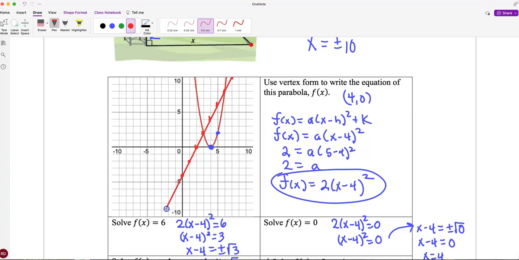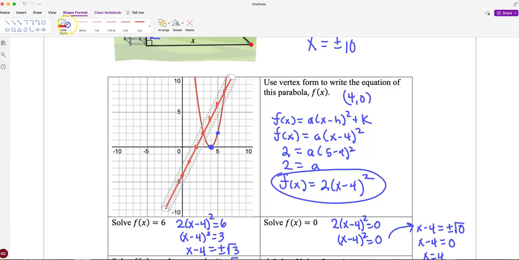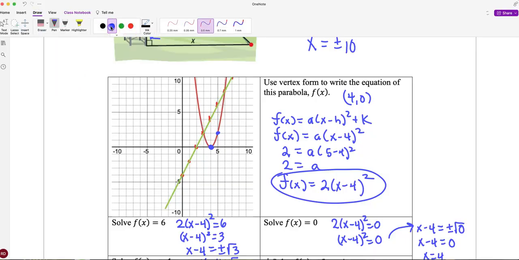Let's change this color. So that's the line 2x minus 4. Where does the parabola equal 2x minus 4? It looks like they intersect at 2 points right there, so there should be 2 values for x.